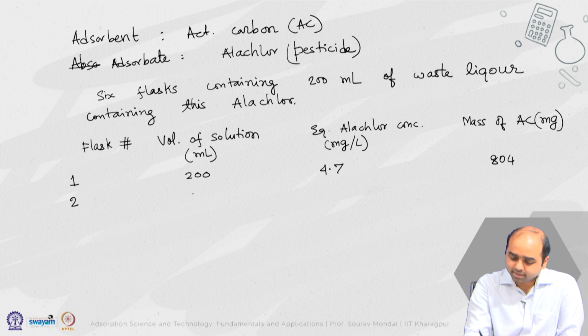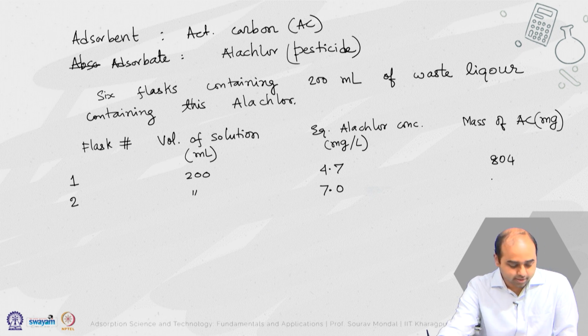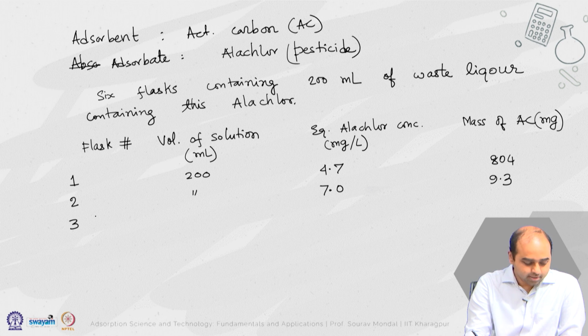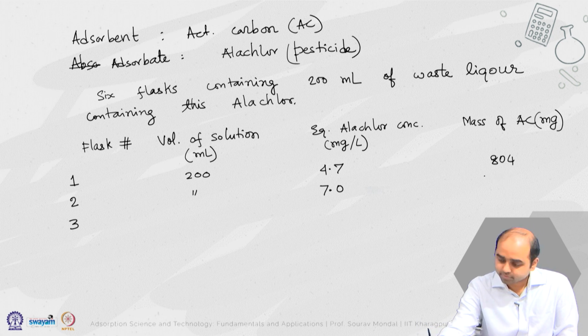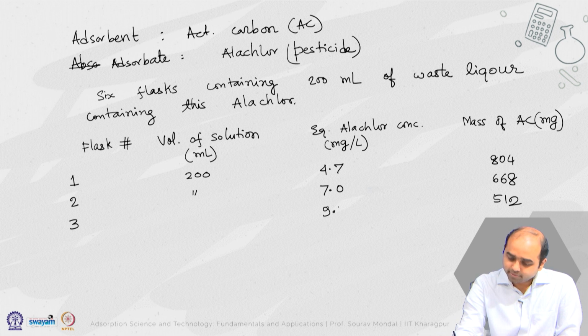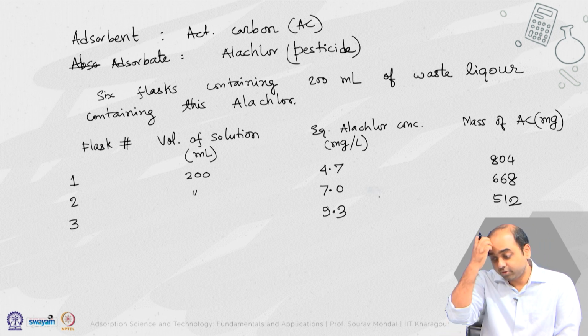Similarly, in the other flask the volume is the same and we achieve an equilibrium concentration of 9.3. Similarly, for the third case, on adding 512 milligrams, the alachlor concentration turns out to be 9.3.